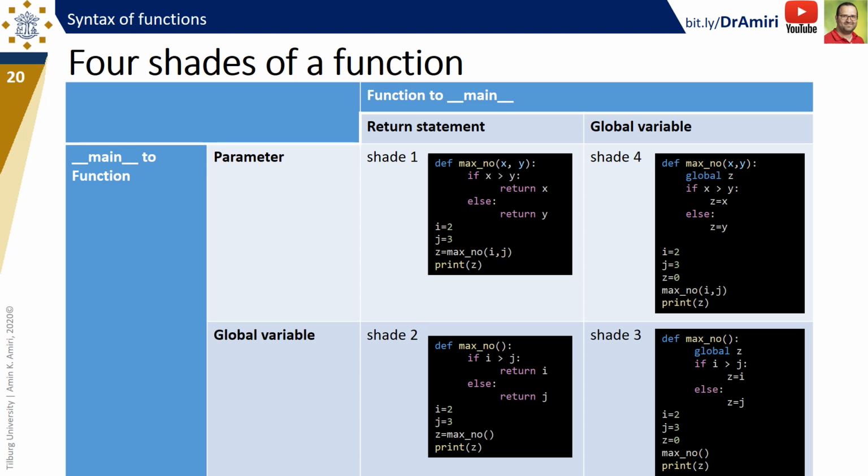A function can return the outcome to the main body either using return statements or global variables. In a return statement, you just send a value using the keyword return. In global variables, you use the variable that is already defined in the main body of the program.